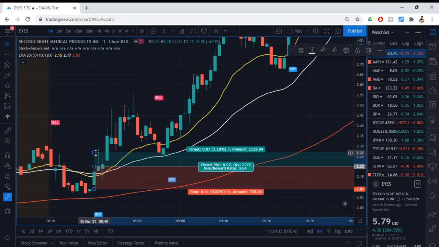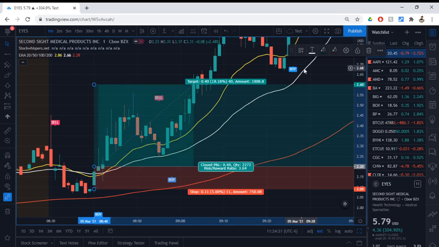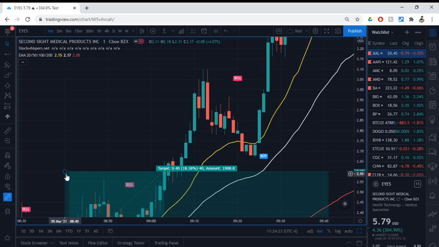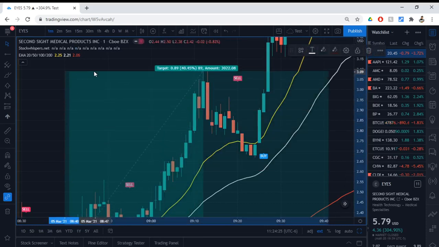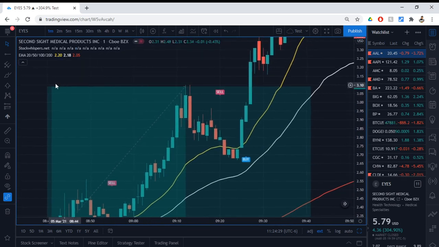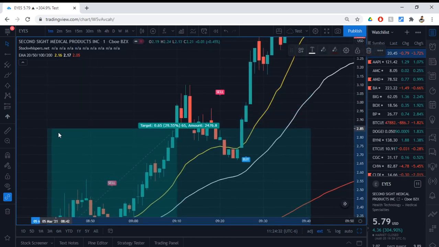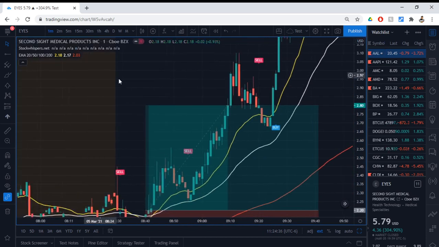I'm gonna hold it till I get stopped out, or something like that. Okay, then you get another buy signal, and price rallies up to here. Now you're up 40%. Okay, then you get another sell signal here, and you're up 27%.